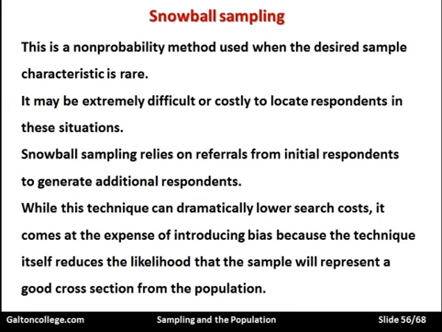While this technique can dramatically lower search costs, it comes at the expense of introducing bias, because the technique itself reduces the likelihood that the sample will be representative of a good cross-section of the population.